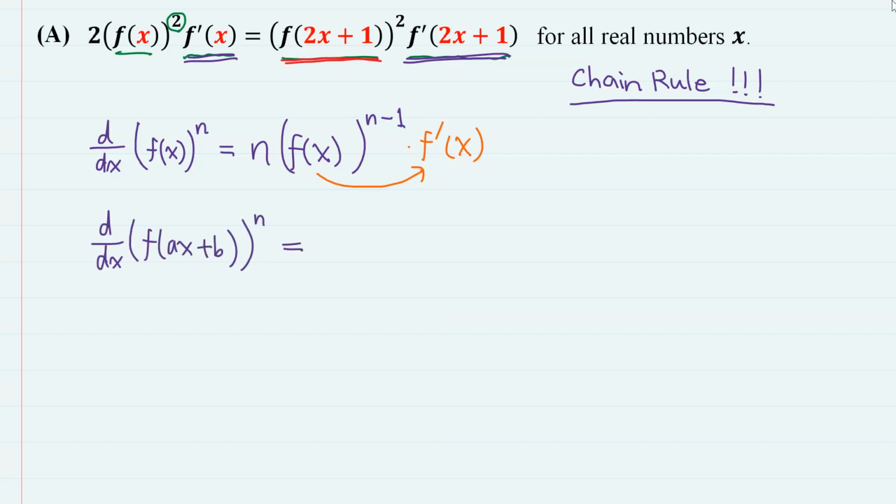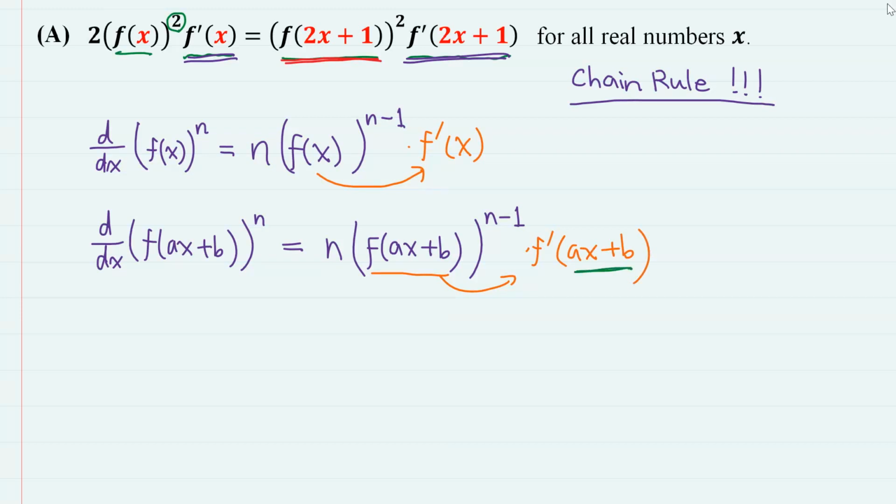Well, it comes from the slightly more complicated case of differentiating f(ax+b) to the power of n. In this case, you have n times f(ax+b) to the power of n-1, then the derivative f'(ax+b), then you have to differentiate this ax+b and multiply it, so we have an additional a here.